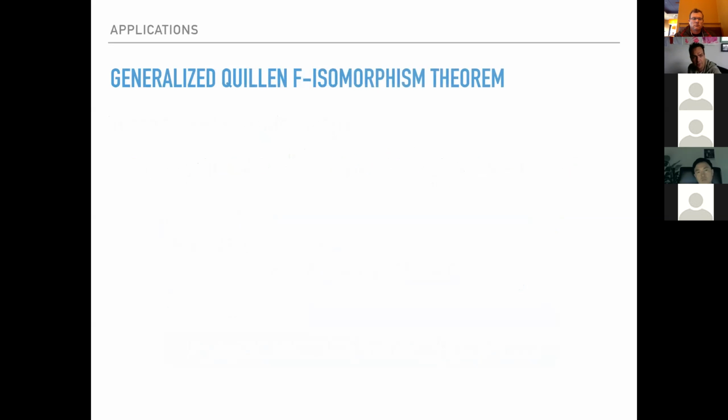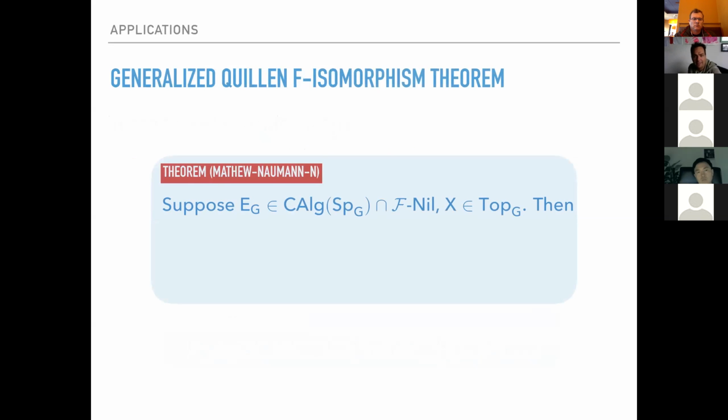There's also a generalization of Quillen's F-isomorphism theorem. It comes from all this. If I assume that my spectrum is not just self-nilpotent, but also a commutative algebra, I really require very little.